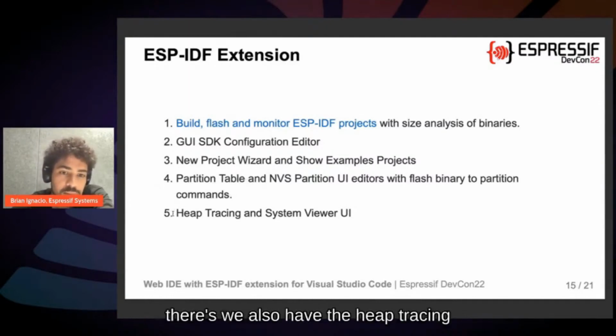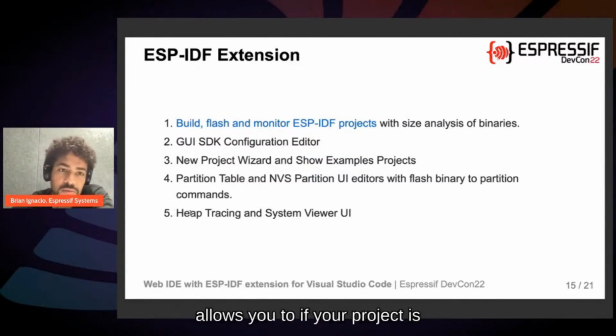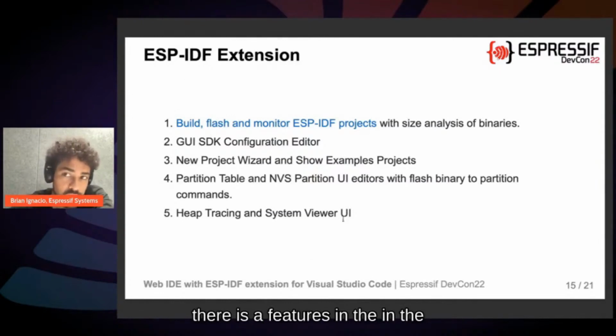We also have heap tracing and the SystemView UI tracing. If your project is configured for application level tracing, heap level tracing, and system level tracing, there are features in the extension that allow you to run these traces from the extension.